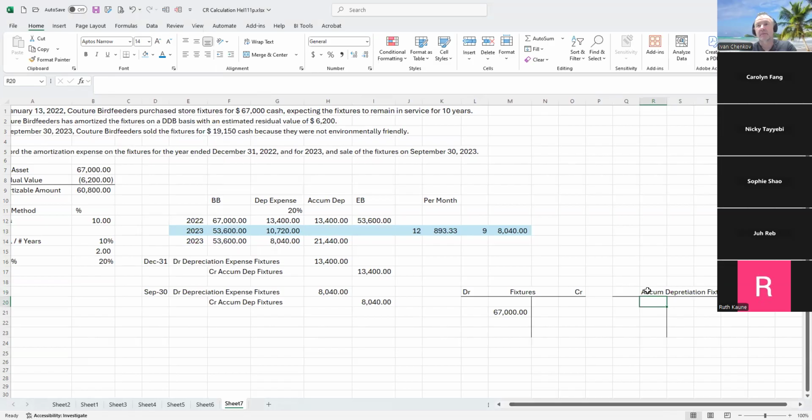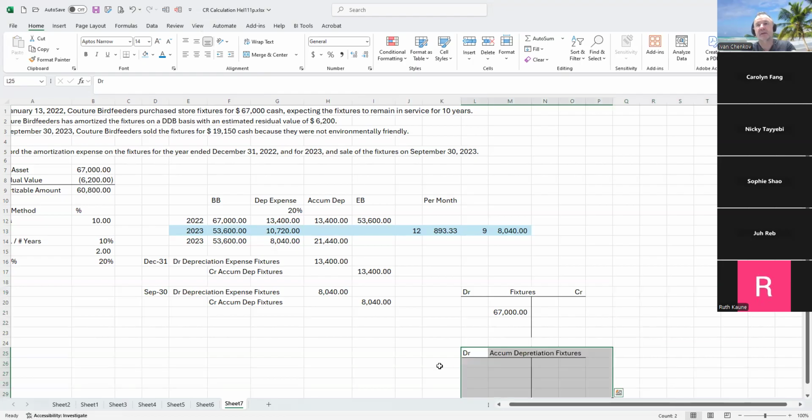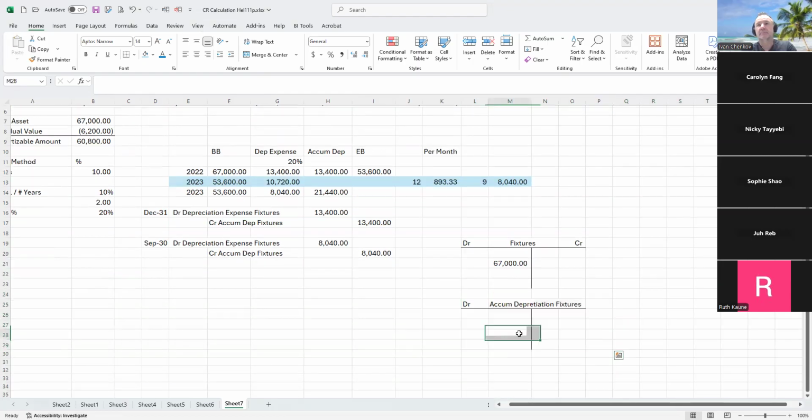Make sense? It also has debit and credit. Let's put it right below this account so you can see it better, like this.